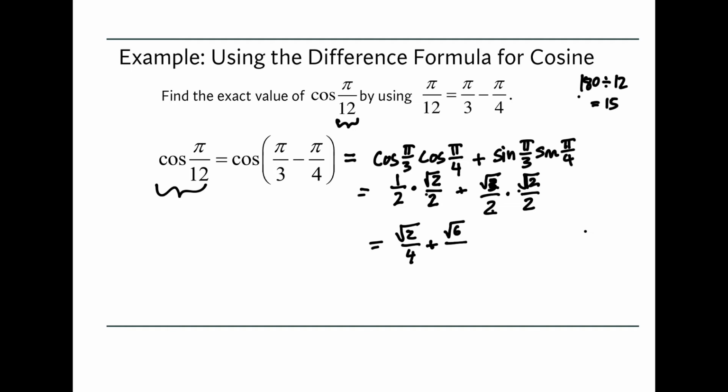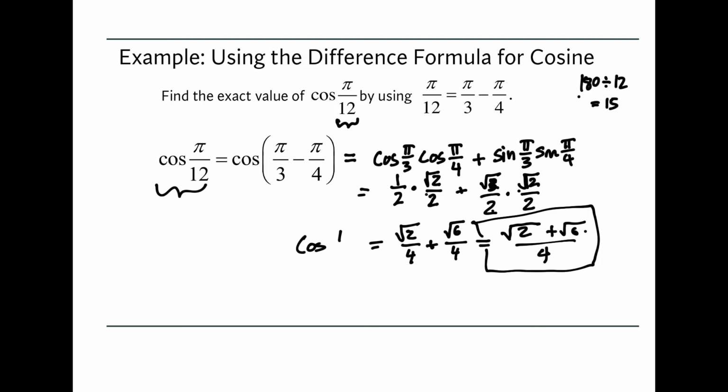We can just multiply those two numbers, put them under 1 over 4. So we see that the cosine of pi over 12 is equal to the root of 2 plus the root of 6 over 4, writing it as a single fraction. We could get the decimal equivalent of that, but we actually have it in exact terms here. This is the cosine of pi over 12, which is 15 degrees.